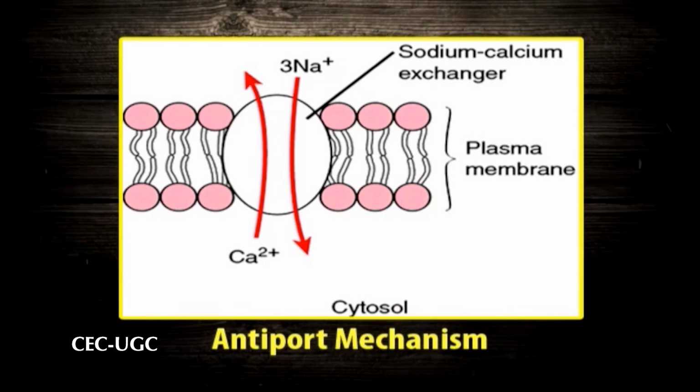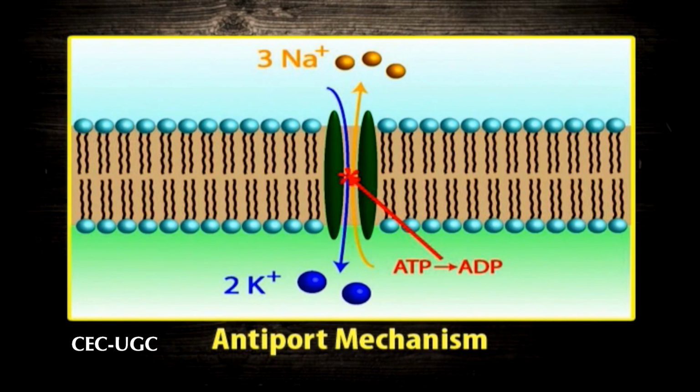This process involves coupled transport where one specific ion is transported in and the other is transported out by the same transporter. The Antiport mechanism is very well exhibited by the sodium potassium ATPase pump found in plant cells like Nitella and in animal cells like erythrocytes.